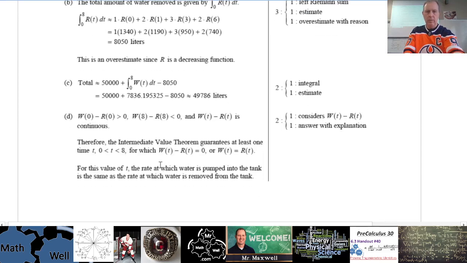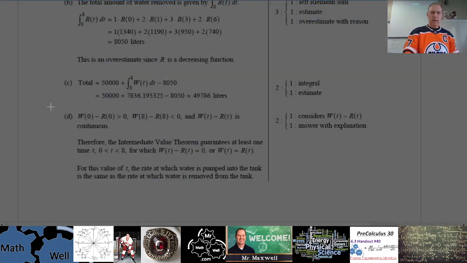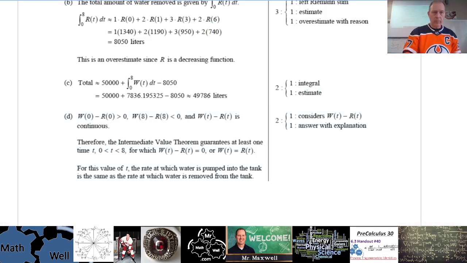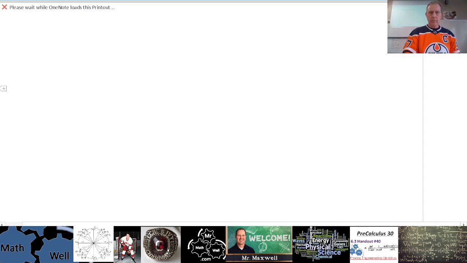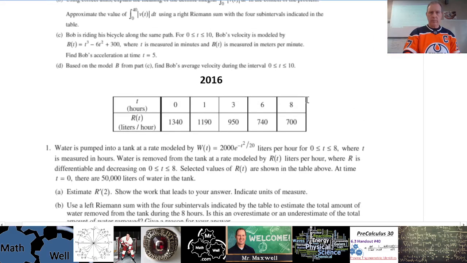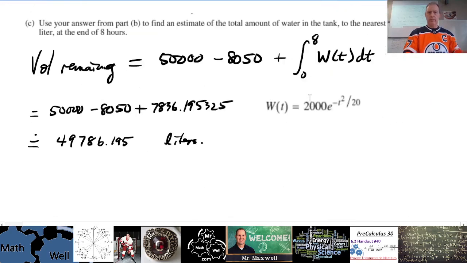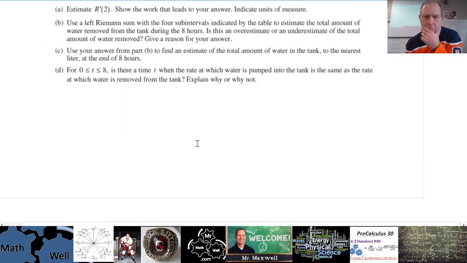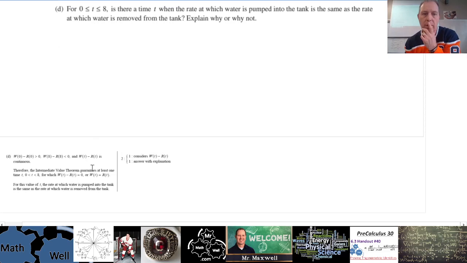Okay. So for D, what does D say there? D says, for the time 0 to 8, is there any time t when the rate at which the water is pumped into the tank is the same as the rate at which the water is removed from the tank?